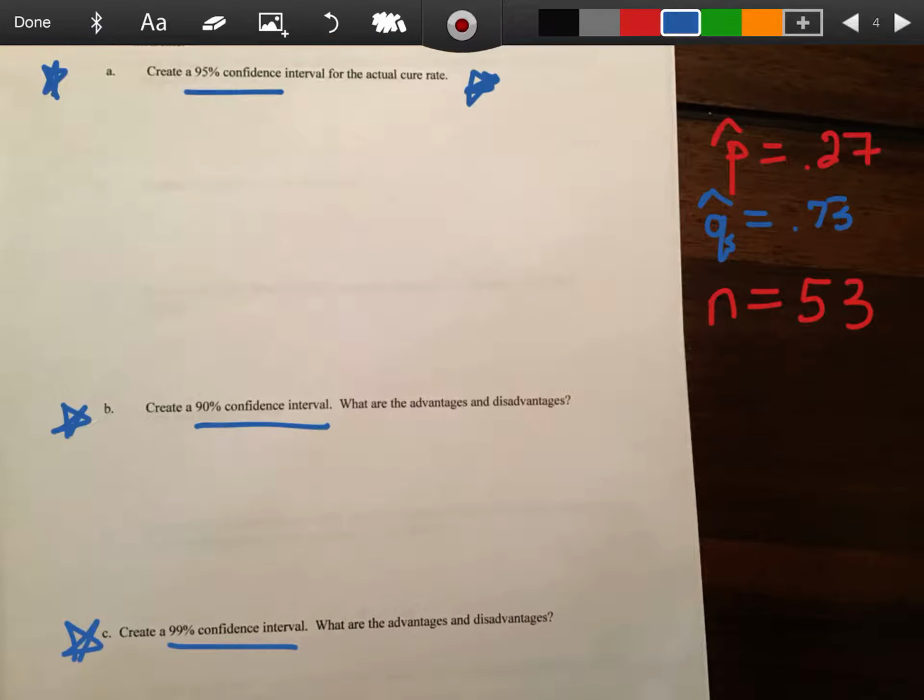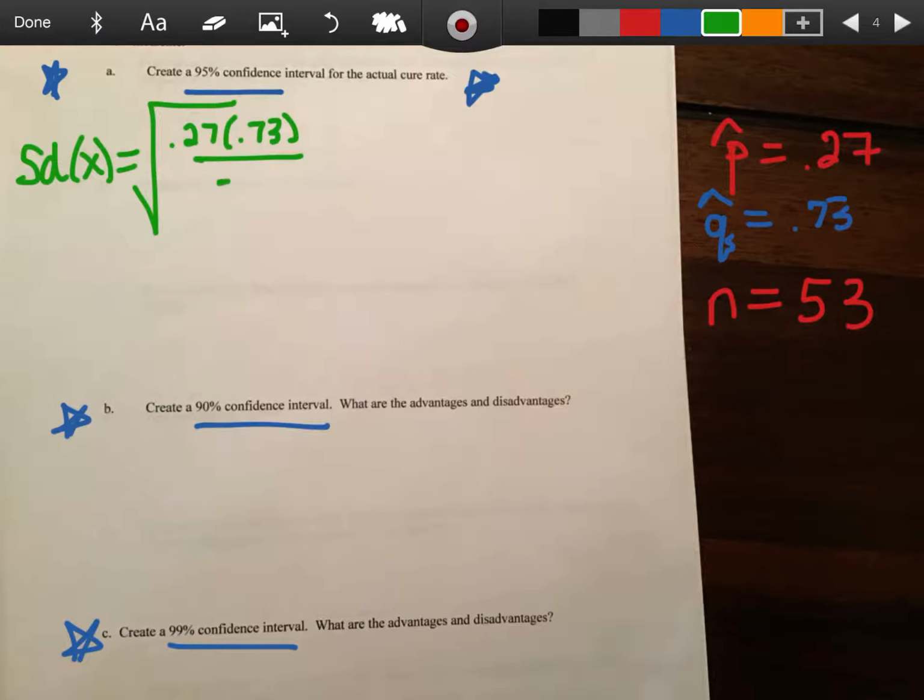So the very first thing I'm going to do is calculate my standard deviation. Holds true with what we've done for 3 weeks. So pause the video if you need to come up with your calculations.